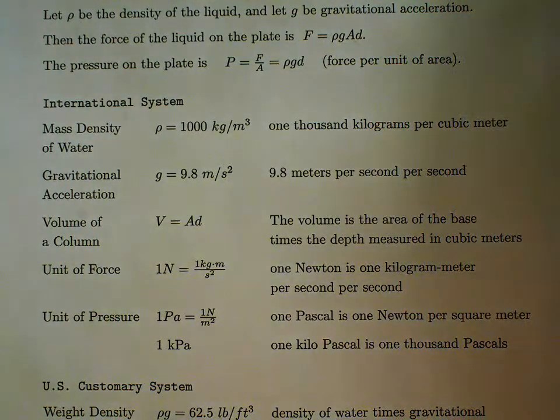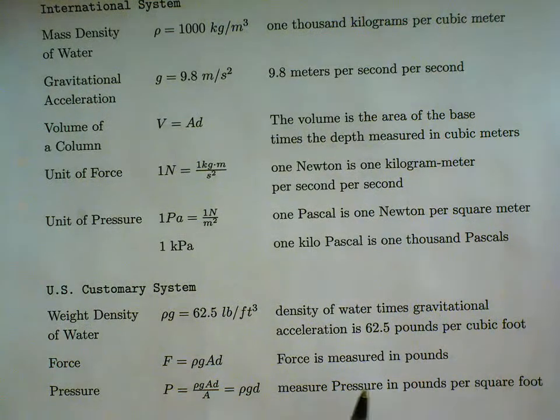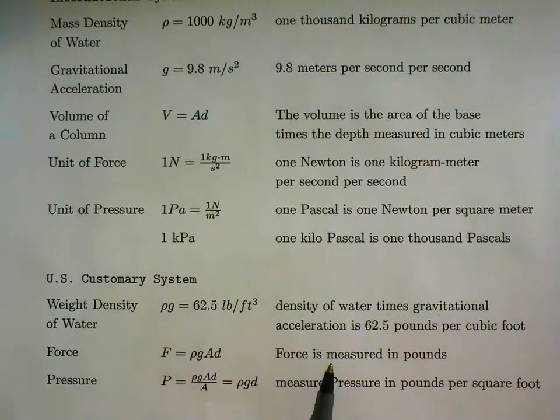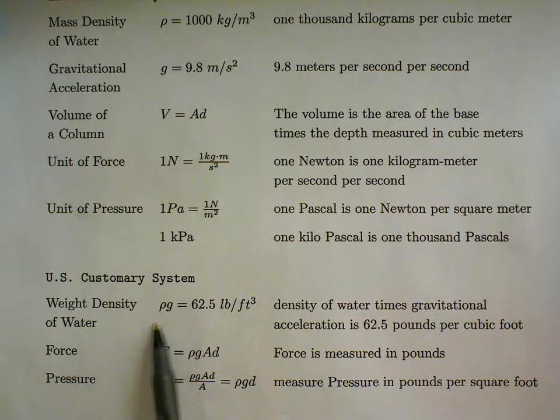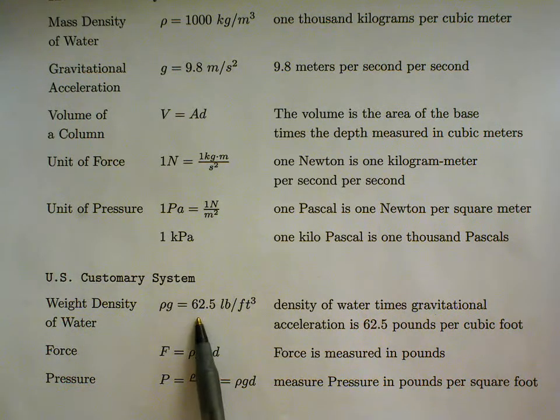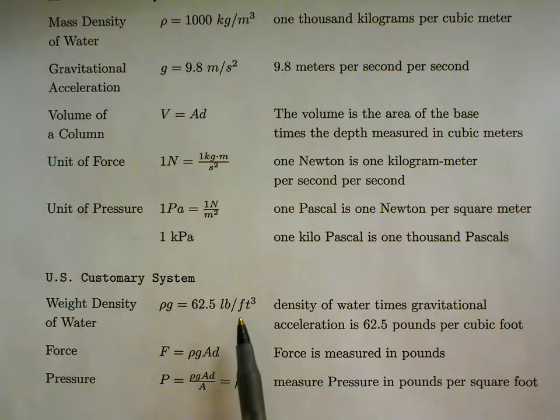In the US customary system, the weight density of water is rho times G, and that is 62.5 pounds per cubic foot.